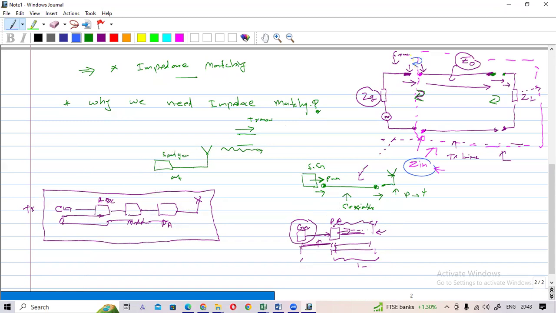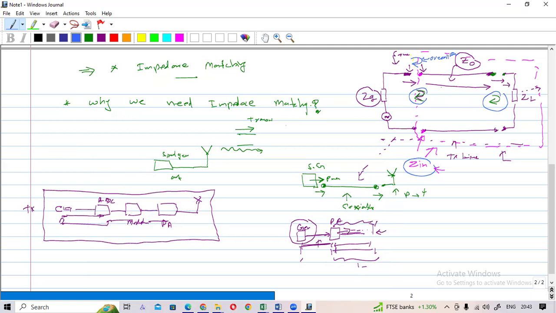This reflection is referred to as the overall reflection. These are referred to as partial reflections. There is a relationship between this overall reflection and the partial reflections.